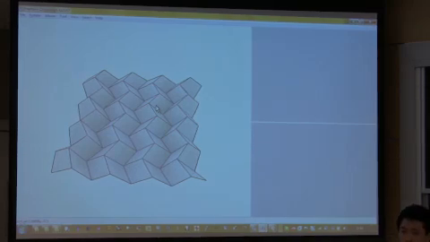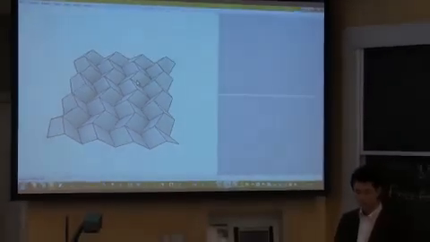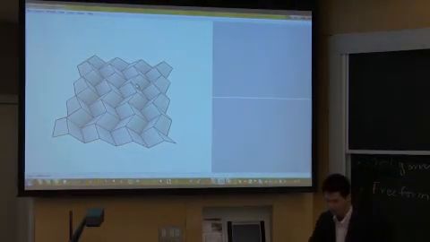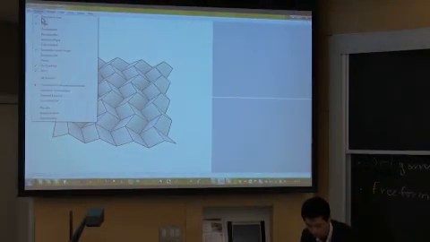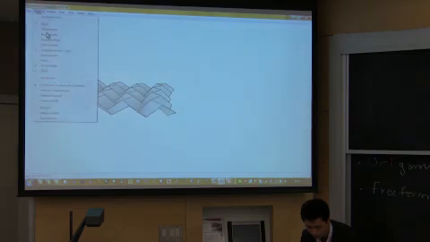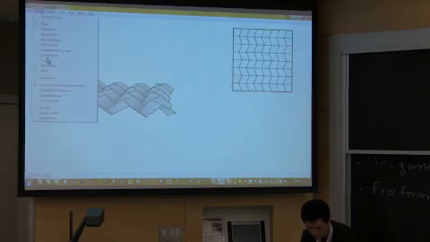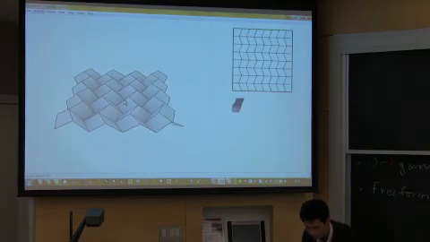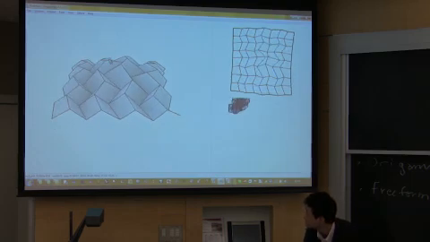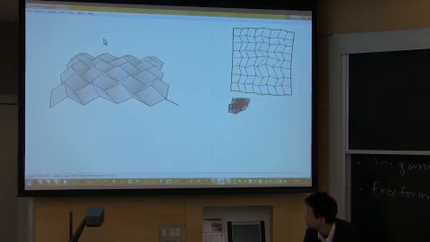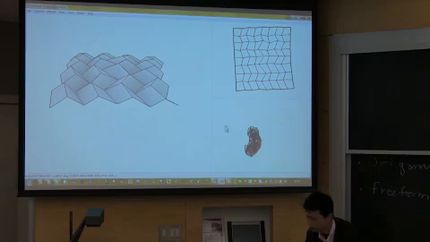But this gives more flexible change of material than simulation. And I wanted to make that kind of interaction possible. So this moves like that, and that changes the pattern.